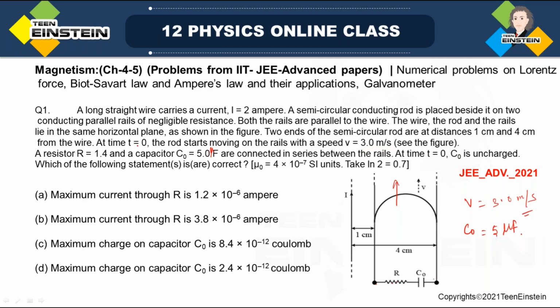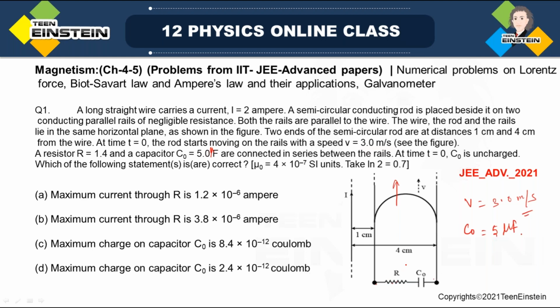This is BVL, you know that, the motional EMF, BVL. So we have to see the options. You see the maximum current through R, so you have to find that out. How to find that? If you know the potential difference between the ends of the rod, or the EMF developed across the ends of the rod, then you can find E by R, that is the current.